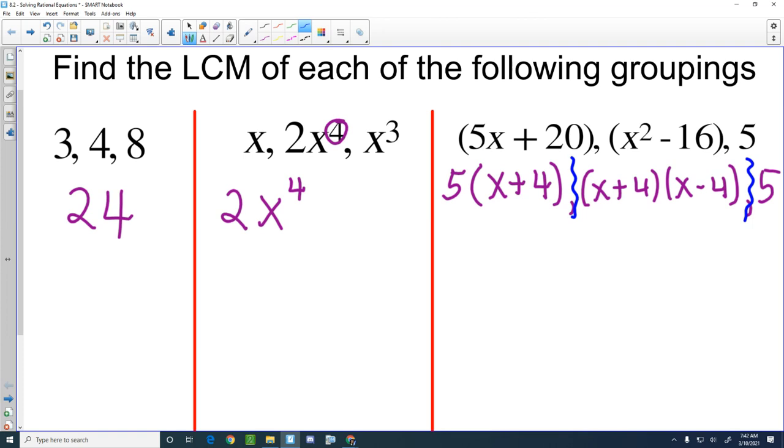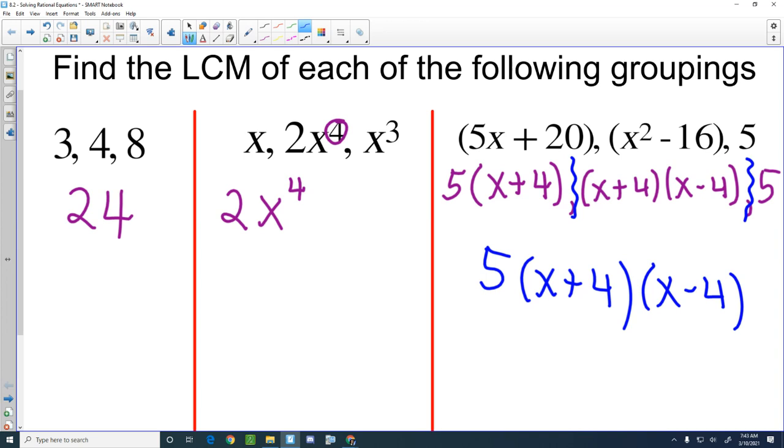A 5, right? There's a 5 in 2 of those, so I'm definitely going to need a single 5. What else do we need? Look at some of those other factors. Yeah, we're going to definitely need an x plus 4 because a couple of them have x plus 4s. And what else? What's the third piece that we would need? Yeah, an x minus 4.